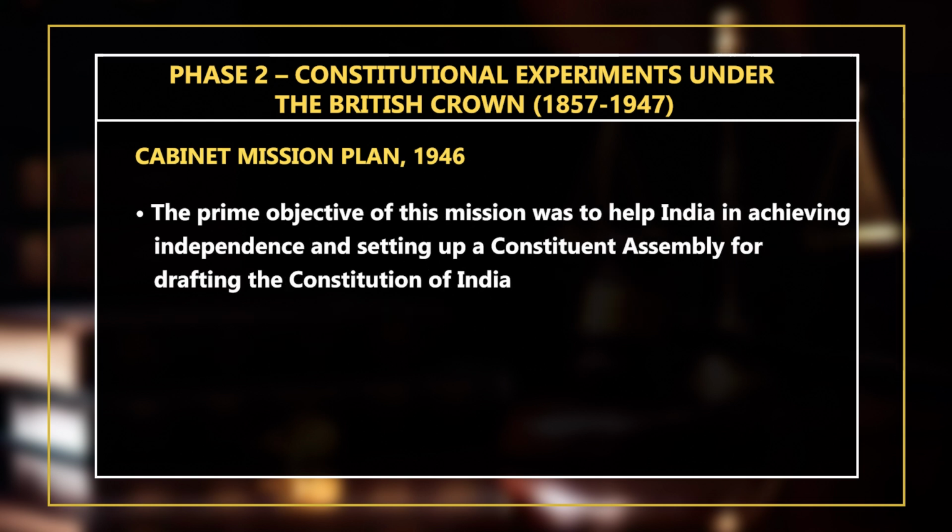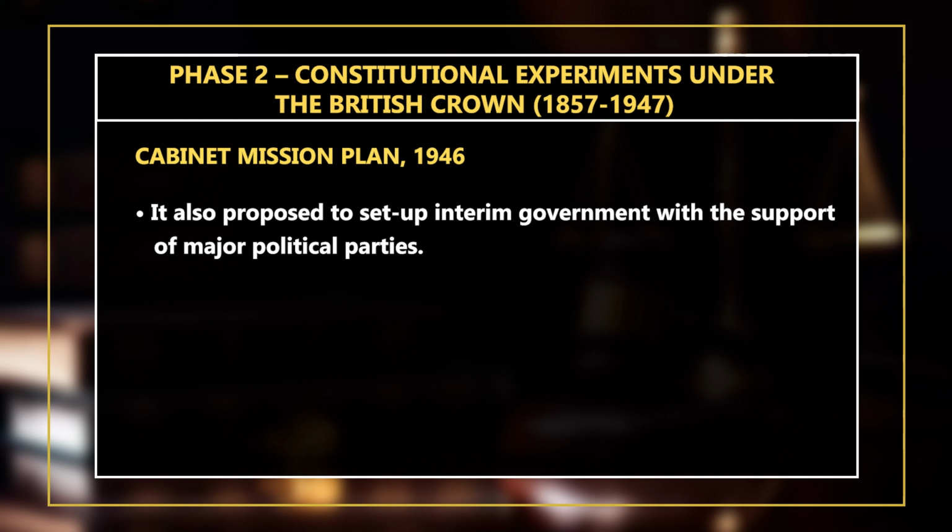The prime objective of this mission was to help India in achieving independence and setting up a constituent assembly for drafting the Constitution of India. It also proposed to set up an interim government with the support of major political parties.